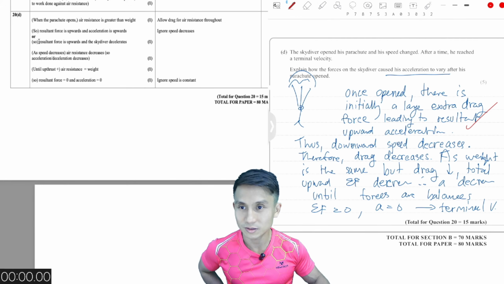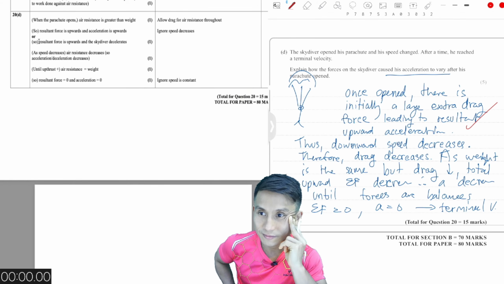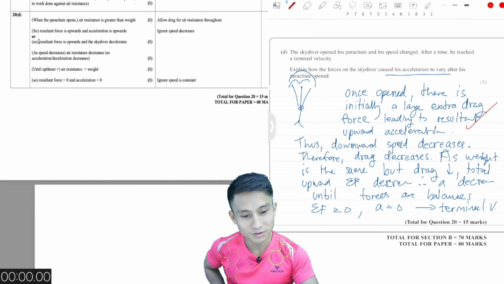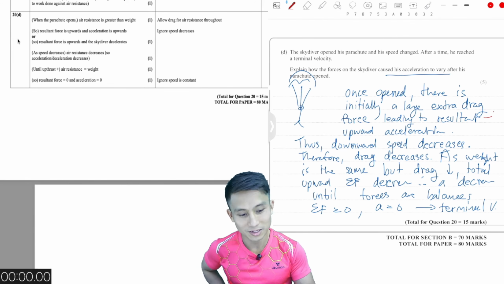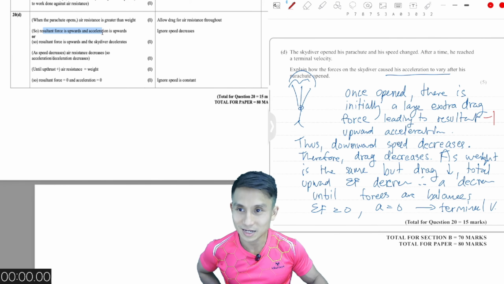And then, well, I didn't quite say air resistance greater than weight. I only say that there is a resultant force upwards. Yeah, I only covered half the point there, so I minus 1 here for the first one. And then the second point I said, yeah, resultant force upwards, so I have the second point.